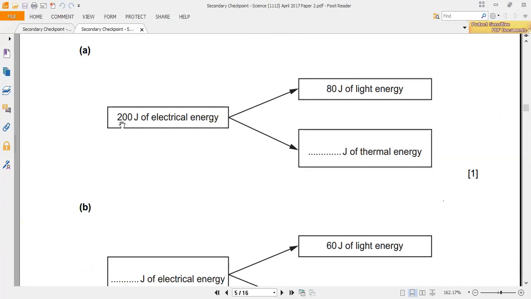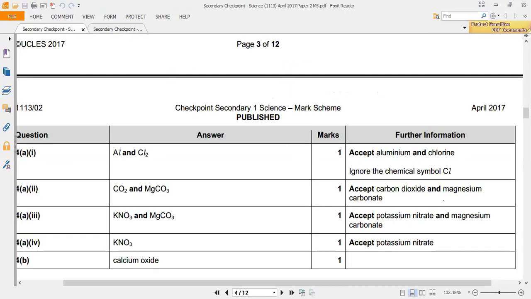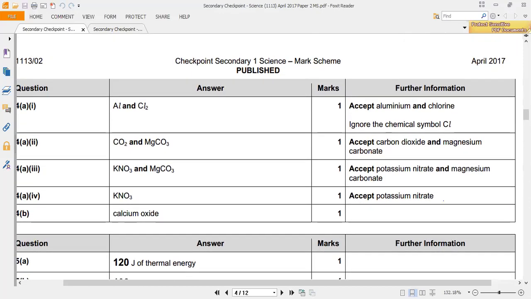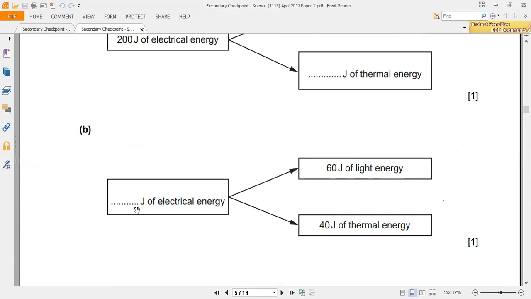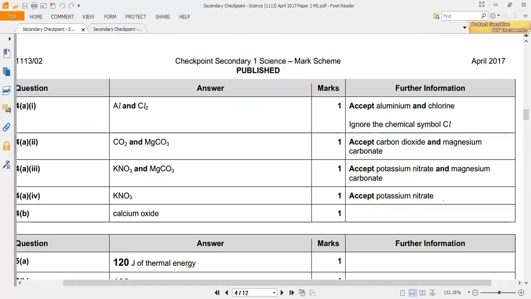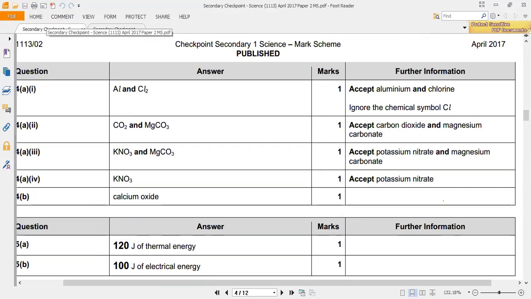We subtract 200 minus 80, which is 120. This is the answer. And number B. Here, the electrical energy will be the summation of 60 plus 40, so it will be 100 joules.